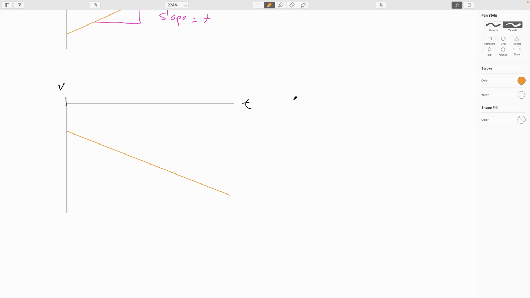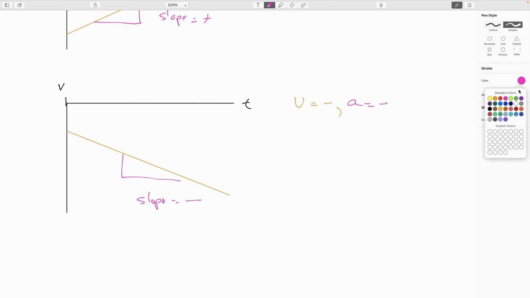So here my velocity is again negative because we're in the negative part of the graph. And to get my acceleration, I look at the slope of the curve and see that it is also negative. So that means the acceleration is also negative. If I were to draw vectors here, this would be telling me that the object is moving to the left. And since it's picking up speed, the acceleration is pointing also to the left, in the same direction.